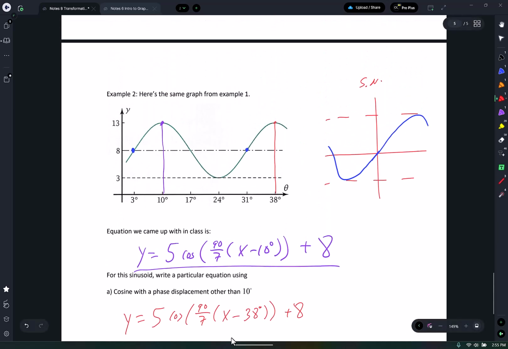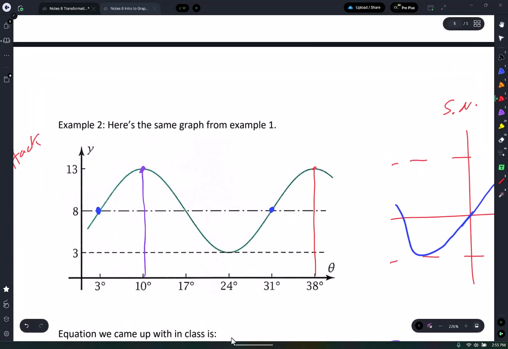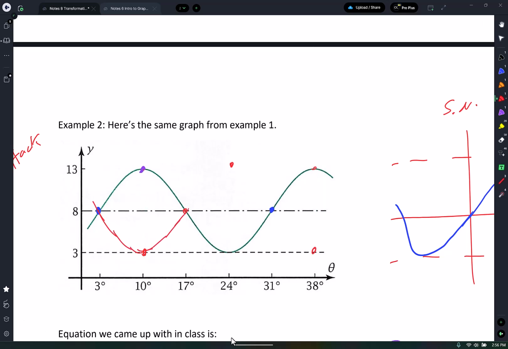So here's what I'm going to do. Here's a hack. I'm going to write the word hack. And don't just listen. If I were to make the max a min and the min a max, and I were to plot that, you see this graph in red here? If I were to tell you, give me the equation for the graph in red, and to use cosine, you would say, okay, let me use cosine. I'm going to use this 24 here.